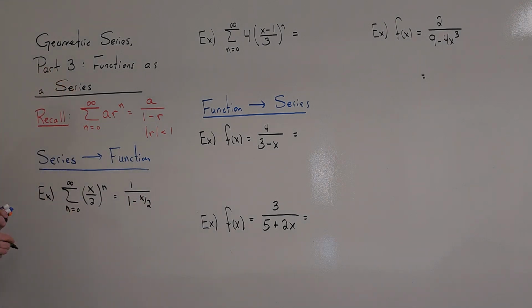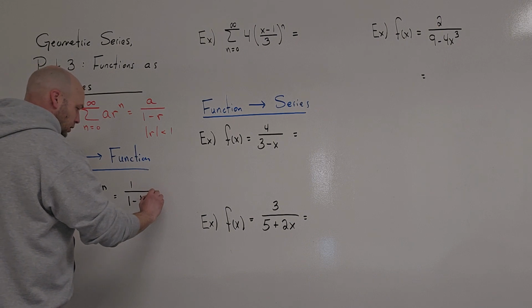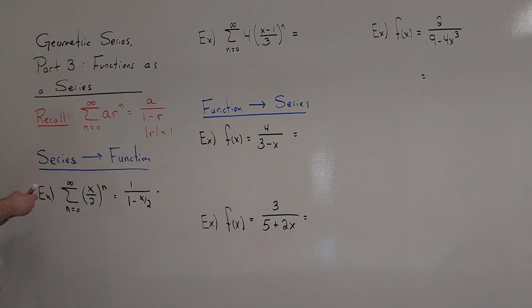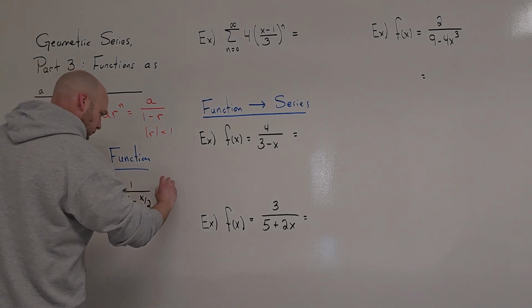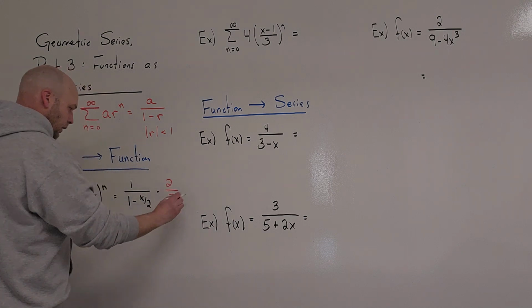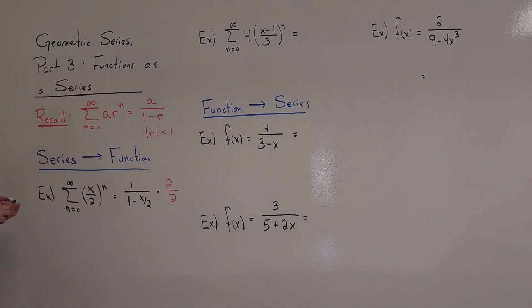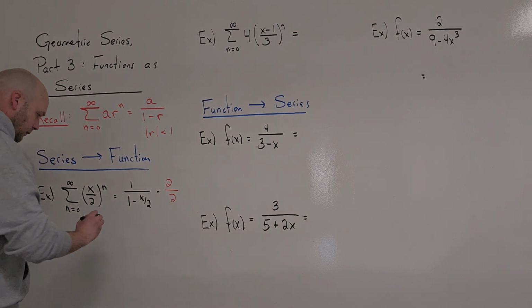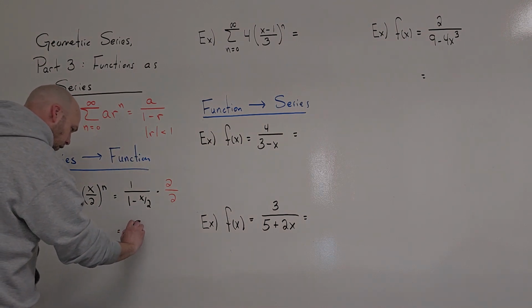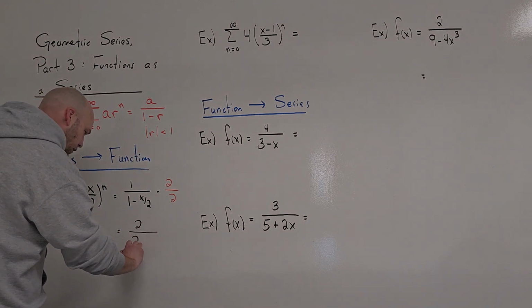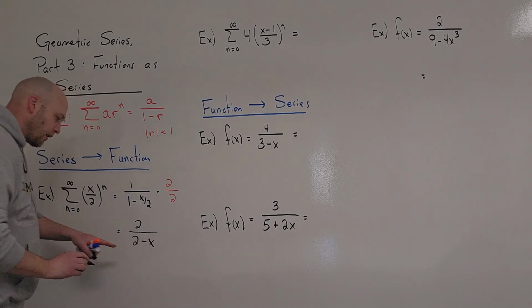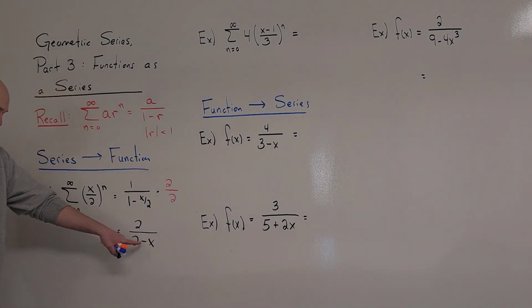I can simplify that by multiplying top and bottom by 2. Distribute that through, and that would give me 2 over 2 minus x.